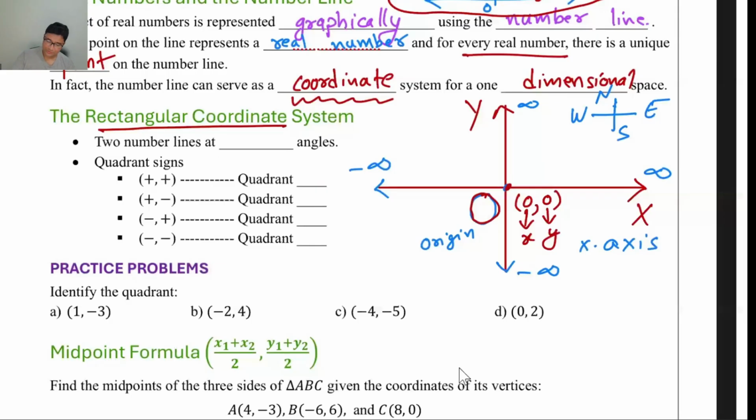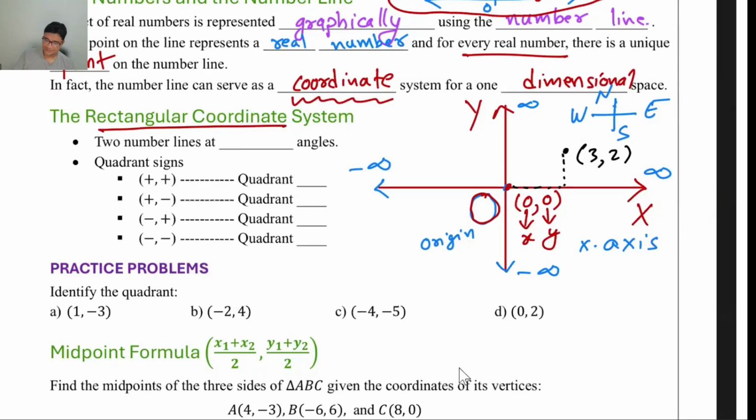Which means now, if I take any point, let's say here, I will be able to represent it using 2 things: how much I traveled on X and how much I traveled on Y. In this example, let's say it could be 3, 2. 3 units, 2 units.